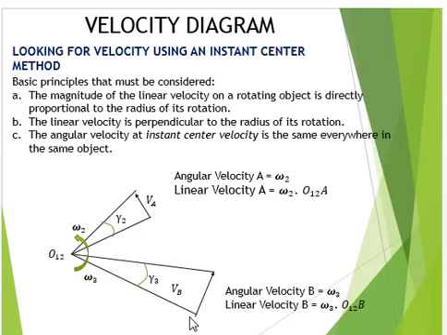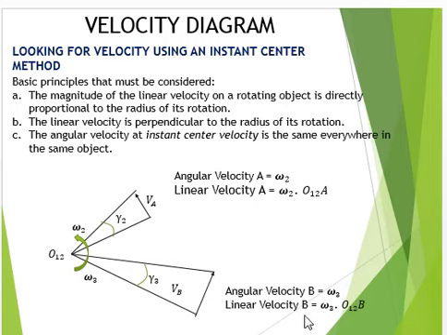Is the condition the same from the B position? The angular velocity at point B is also equal, so the velocity at point B is equal to omega 3 multiplied by the radius from point O1,2 to the B position.